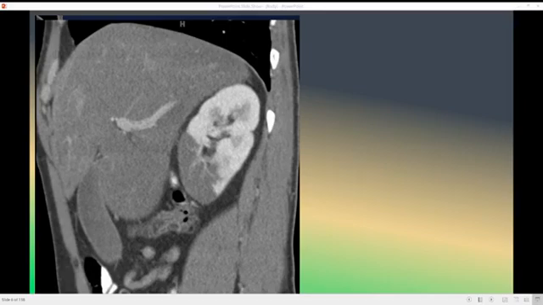Okay, very good. This patient has renal infarction, and the sign over here is the cortical rim sign, and the patient also has fatty infiltration of the liver. So this is a renal infarction with cortical rim sign, with fatty liver. We move to the next case.